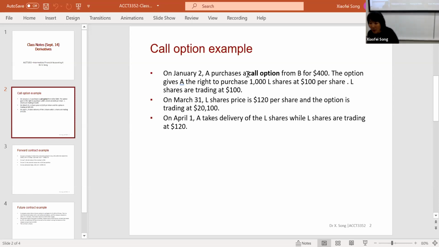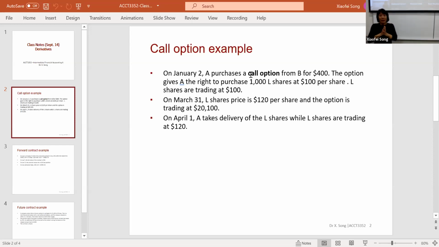However, this call option allows you to purchase shares at $100 per share as long as it has not expired. The L share will not stay at $100 per share. Later on in the future, the L share can go up, the L share can go down. If the L share's price goes up, the option would have its value increase, because with the option, you can still purchase L shares at $100.